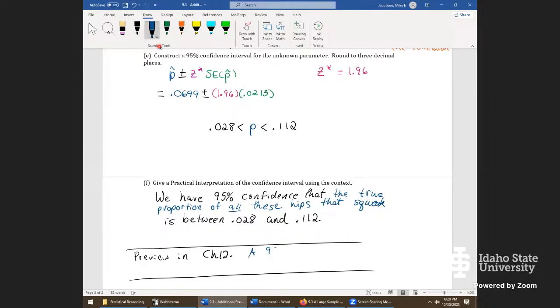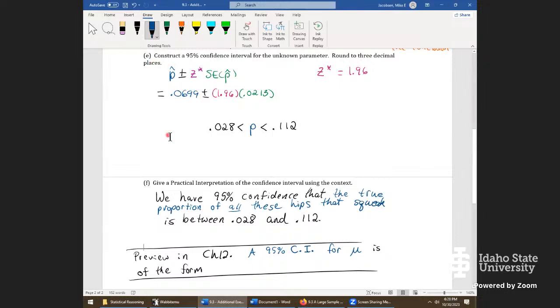A 95% confidence interval. I'll often say CI to stand for confidence interval. For mu, this is the population's mean or the population's average. Now it's a different population characteristic, is of the form. It'll go, instead of a p hat, we use a different statistic.